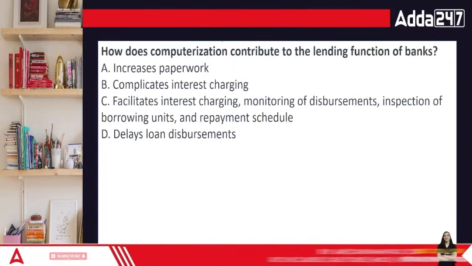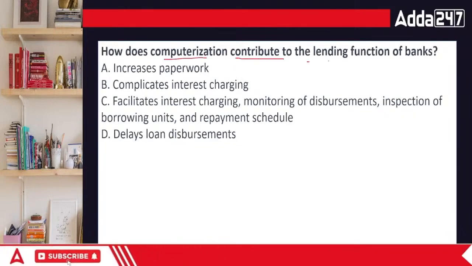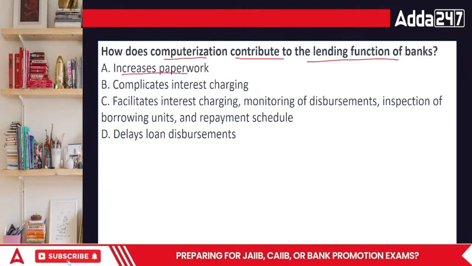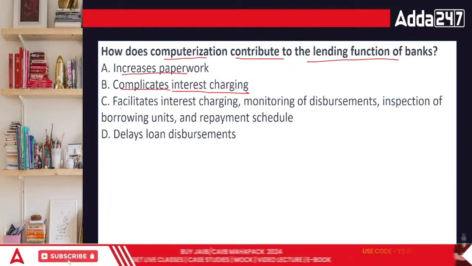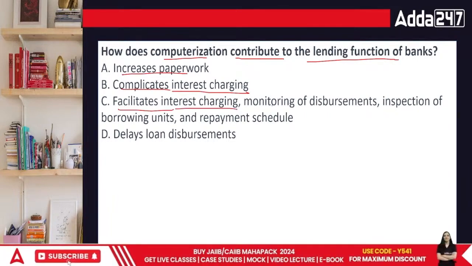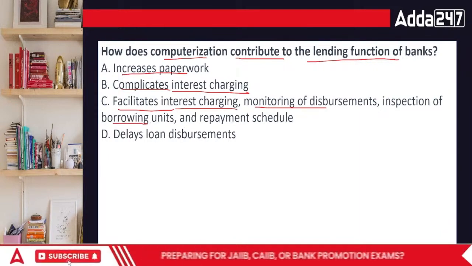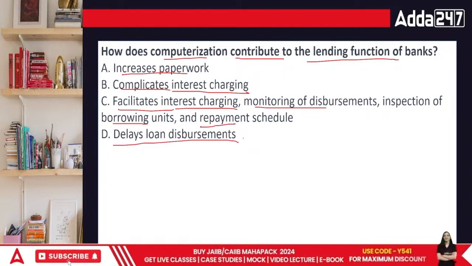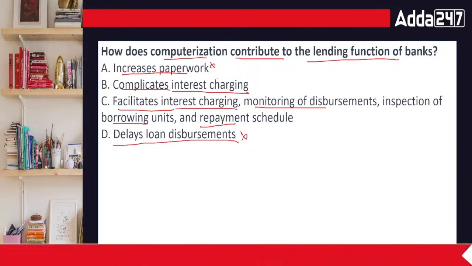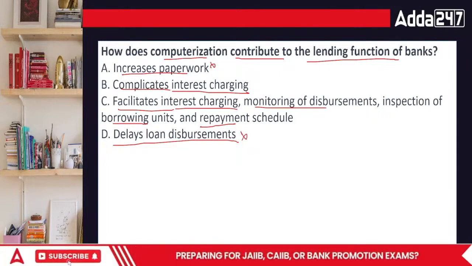Next, how does computerization contribute to the lending function? Increases paperwork, complicated interest charging, facilitates charging interest and monitoring disbursements, or delays inspection of the repayment schedule and loan disbursements. Lending function doesn't get delayed, and there is less paperwork because you have everything in the system itself.